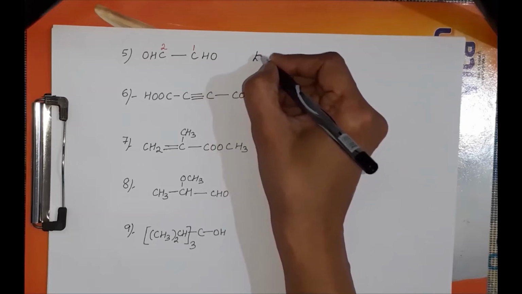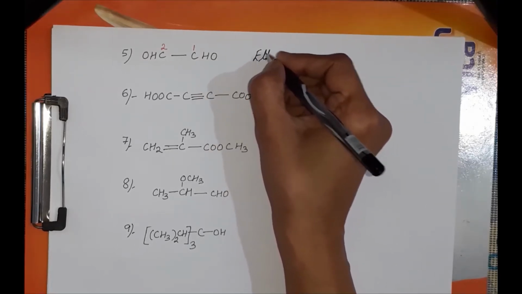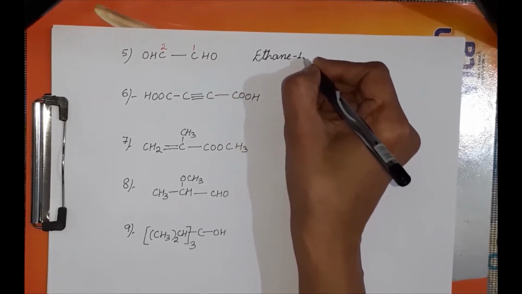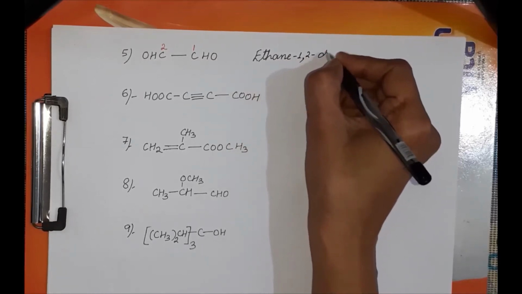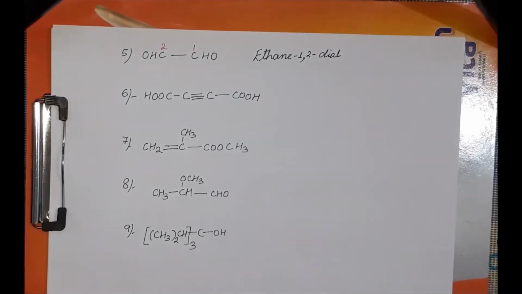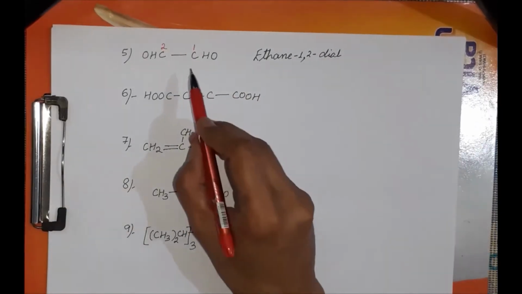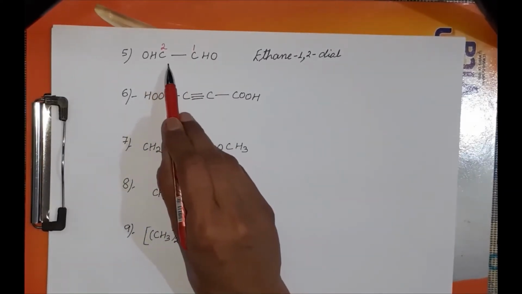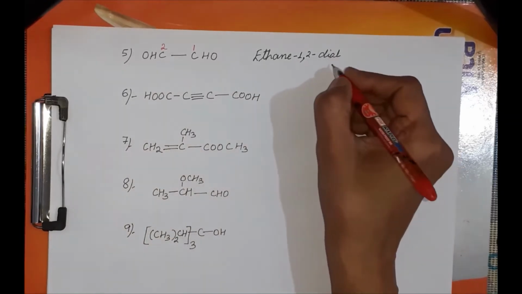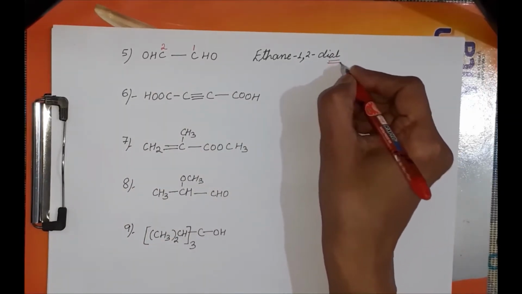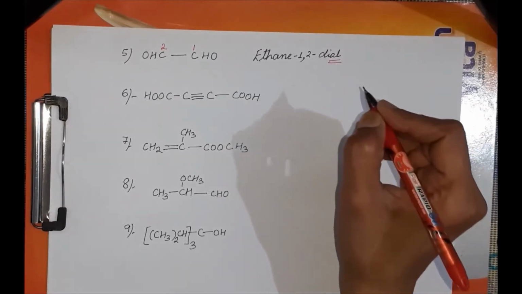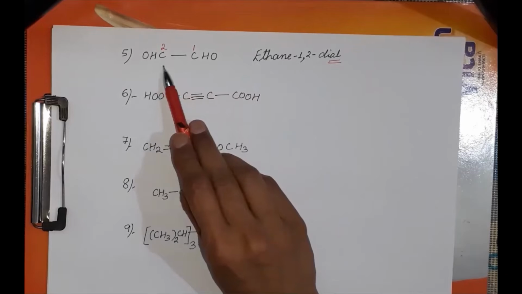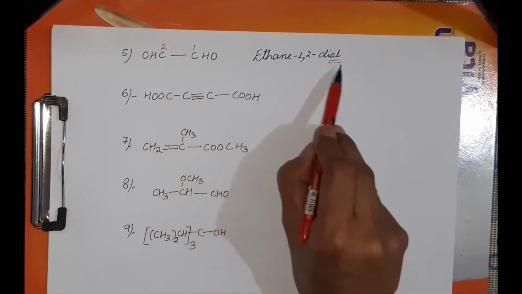Because there are 2 carbon atoms, the word root is ethane, 1,2-diol. Why diol? Because it has these 2 functional groups. For the hydroxyl functional group, ol is added as the secondary suffix. So the name will be ethane-1,2-diol.